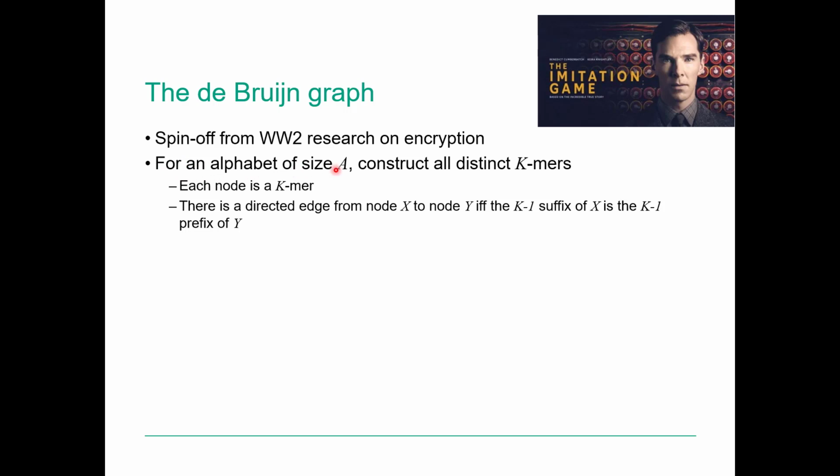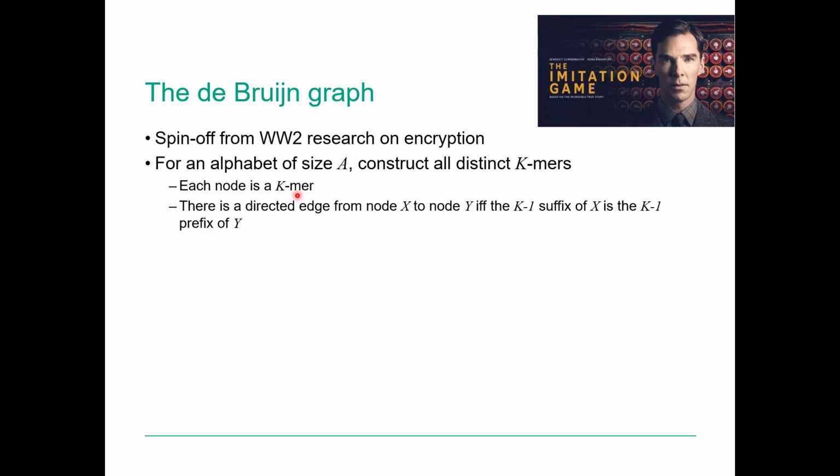So for an alphabet of size A, and for the DNA alphabet, it's 4, right? Construct all distinct k-mers. So all the different possible k-mers, right? This is sort of a theoretical exercise.